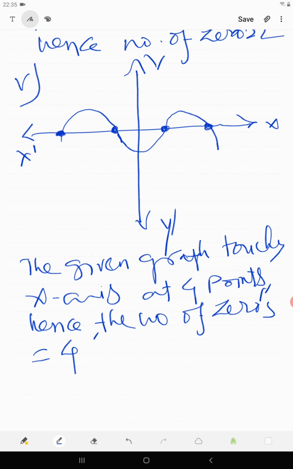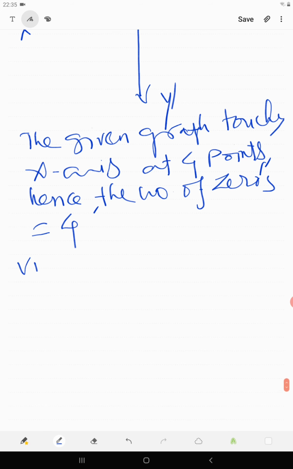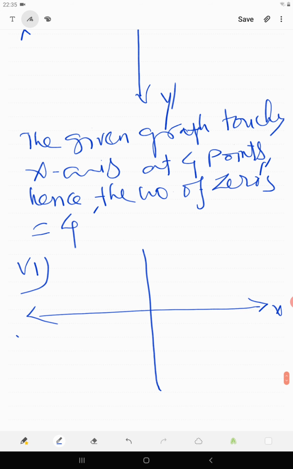Then the sixth one is x dash, y dash. So the graph is like this, and then this. If you see over here, it is meeting the x-axis at 1, 2, 3.